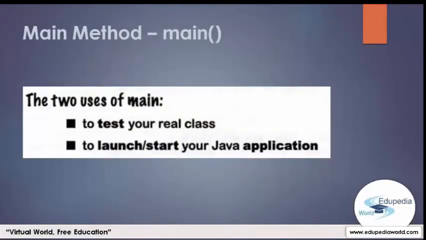Okay, now let's do a quick revisit to the main method. As you know, there are 2 uses of the main method. The first one is to test your real class and the second one is to launch or start your Java application. But as long as you are in the main method, you are not really in object orientation.